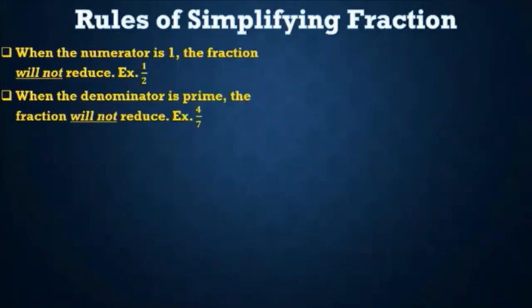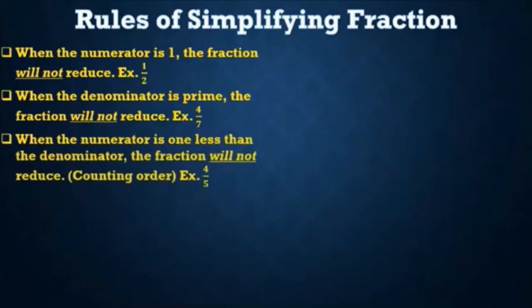Like in this fraction, 4 by 7, the denominator is 7 and we cannot reduce it because there is no factor of 7 except 1, and we can never reduce any fraction to 1.